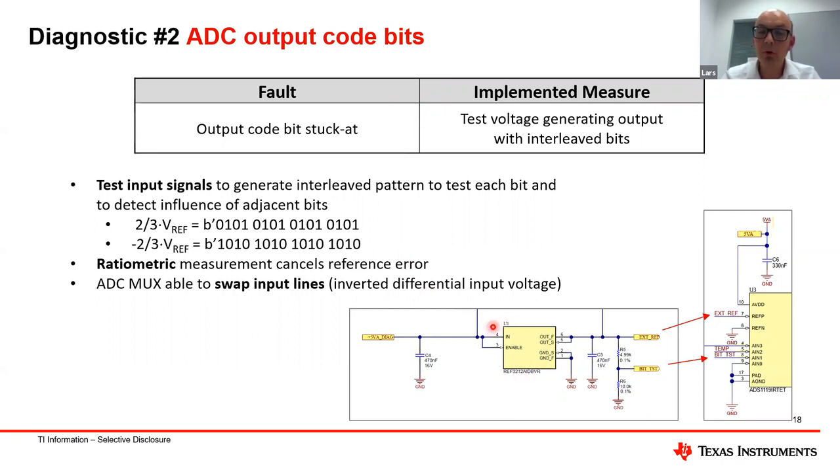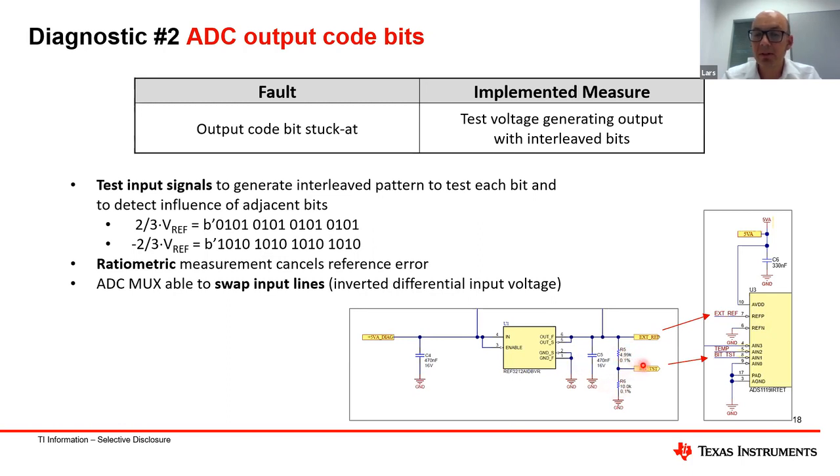So here's our 1.25 volt reference, which is connected directly to the external reference pin of the AD converter. So the AD converter now uses our external reference. And then I take this quite precise resistor divider. And this is a 2/3 resistor divider.